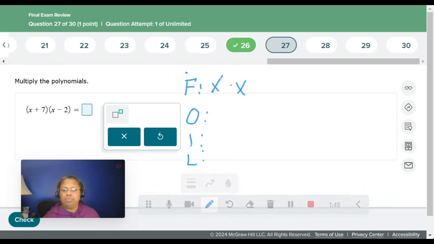For FOIL, we do the first 2 terms, then the outer, so that's x times -2. Inner would be 7 times x, and then last will be 7 times -2.